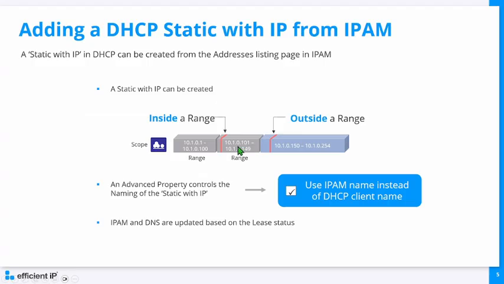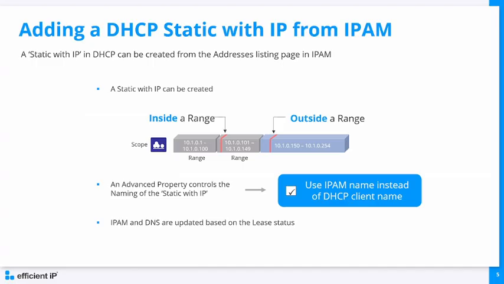So if you want to assign a static with IP, you can pick one of the IP addresses. As I mentioned, we manage this from IPAM. But conceptually, it's the same thing. You can do it actually from DHCP, but the recommendation is you do it from IPAM.